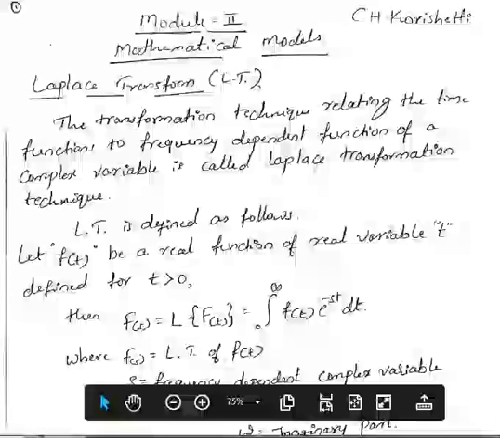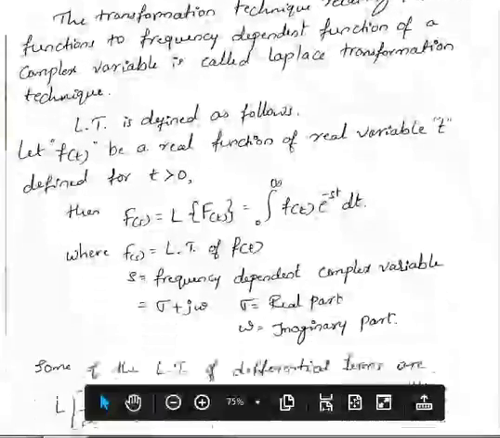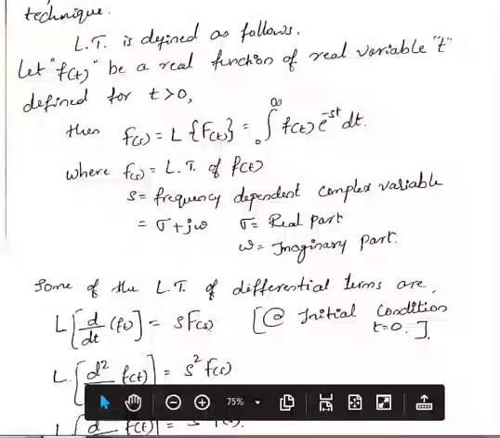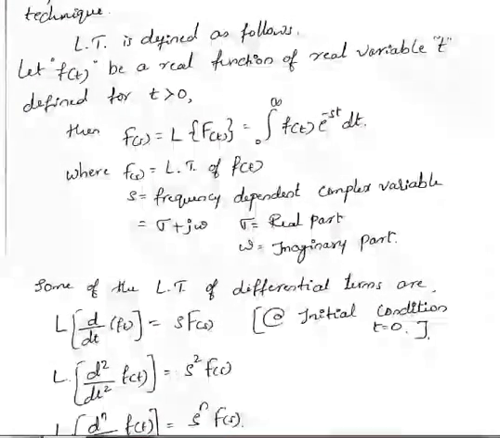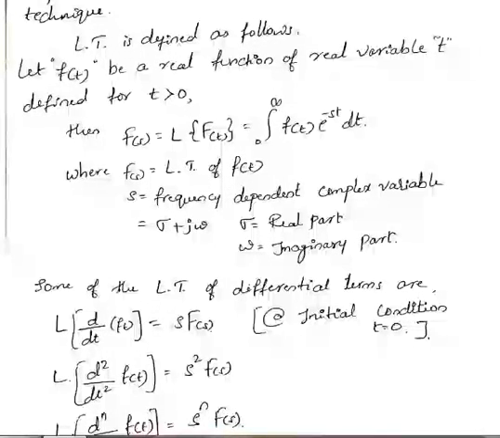Here, F of s is the Laplace transformation of the real function f of t, and s is a frequency dependent complex variable, defined as sigma plus j omega, where sigma is the real part and omega is the imaginary part.